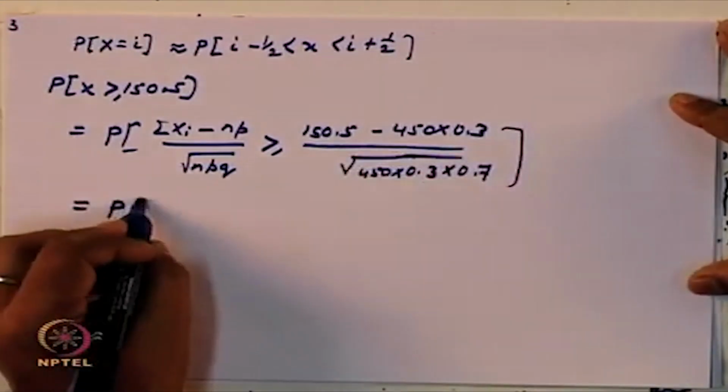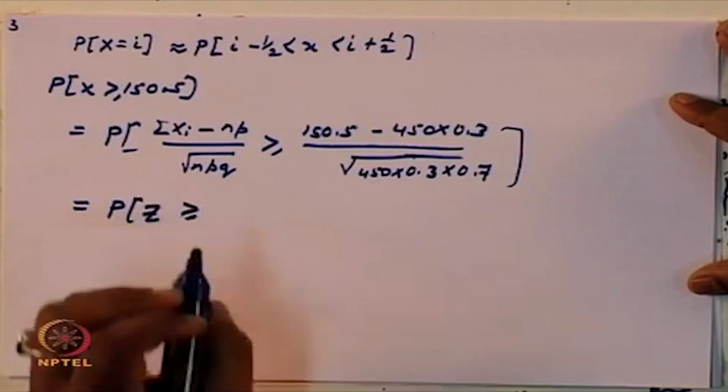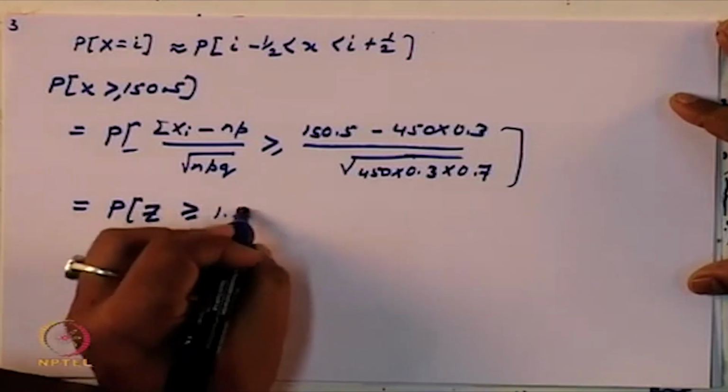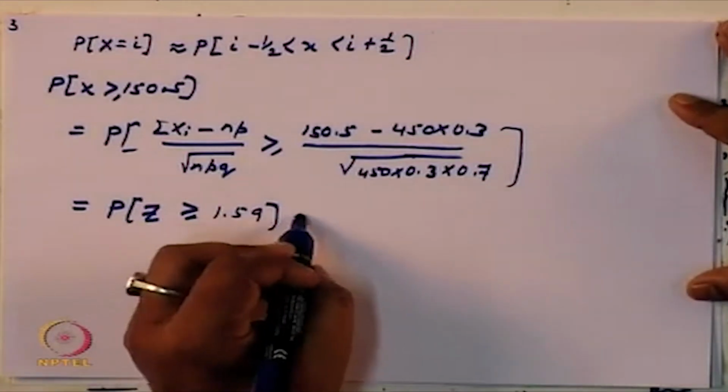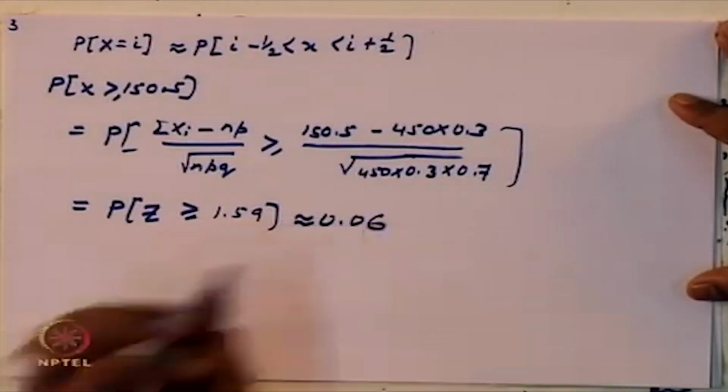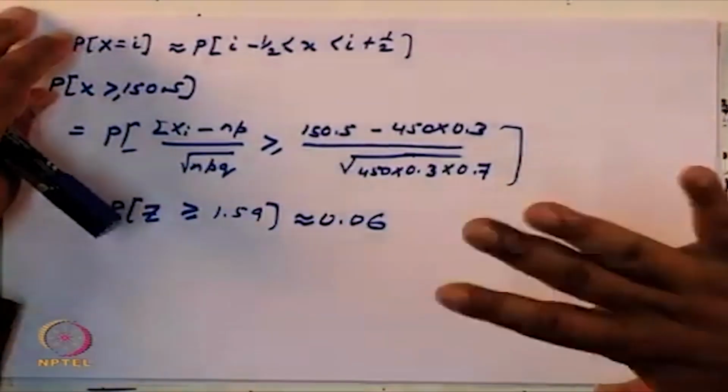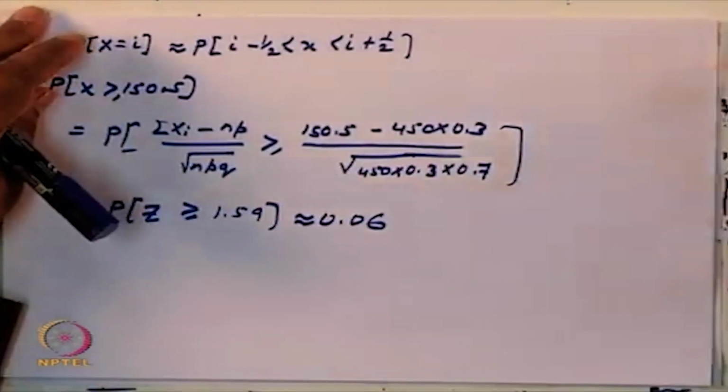So, this is the probability of z greater or equal to 1.59, and this turns out to be roughly 0.06. Okay, so, there is still a 6% chance that more than 150 students will join.